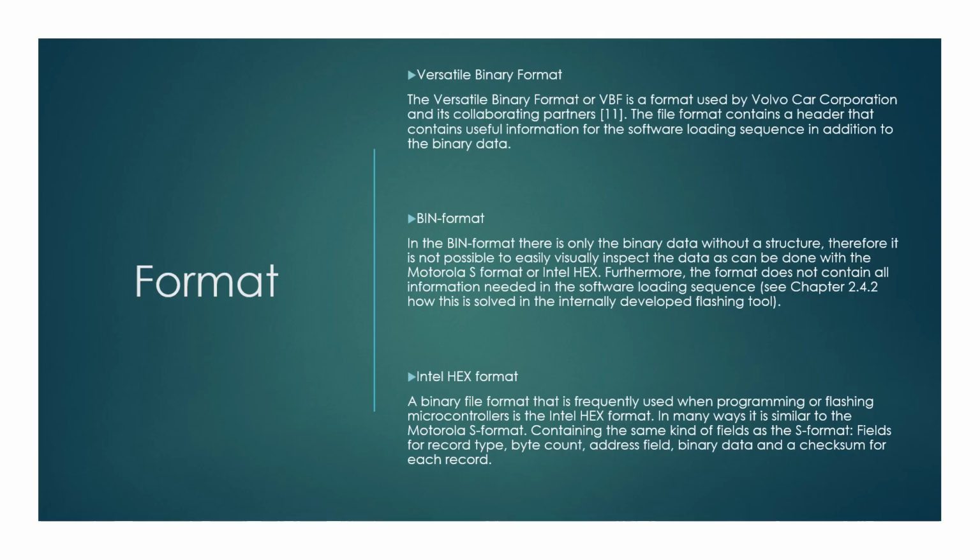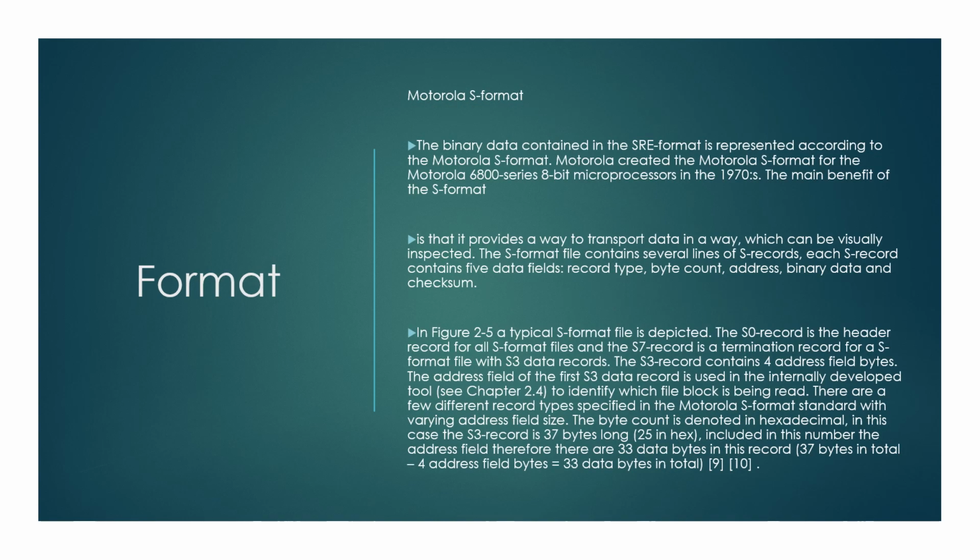There are different kinds of file formats. We will not go into depth in this area, but one format is VBF, the second format is bin, the third format is Intel hex, and the next format is Motorola S format.